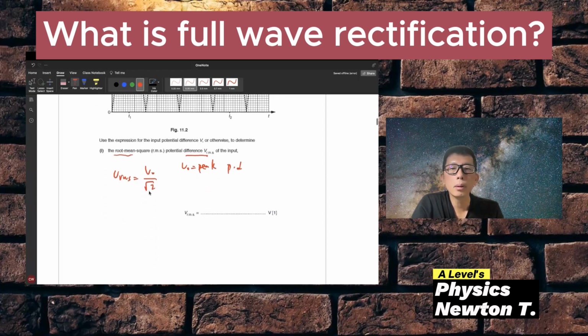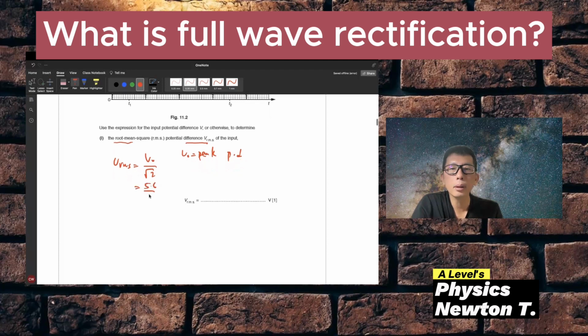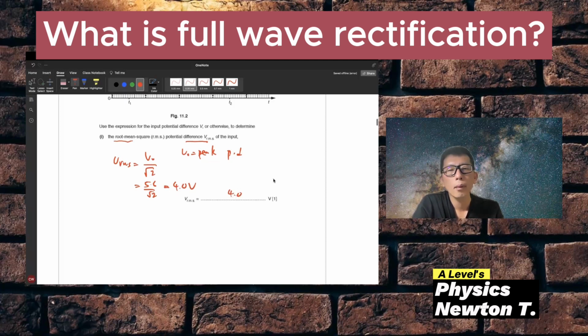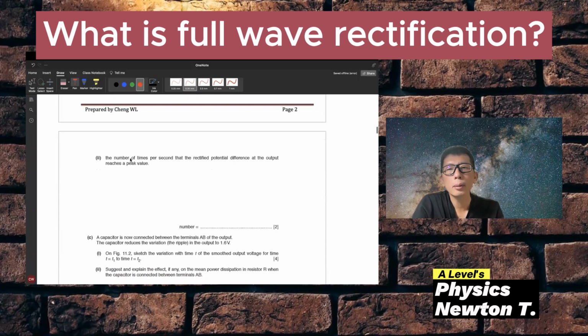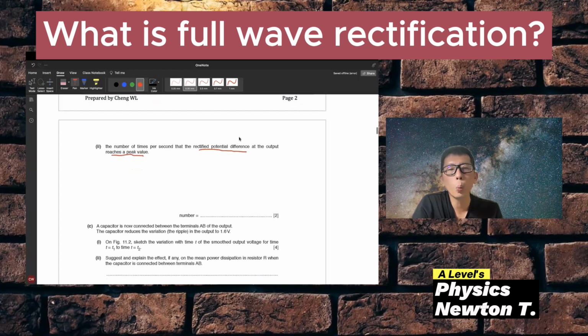So you need to take this 5.6 divided by root 2. From the calculator this should give you 4.0. Don't forget you have to give the answer in 2 SF. After that, next part: the number of times the rectified potential difference reaches peak value.